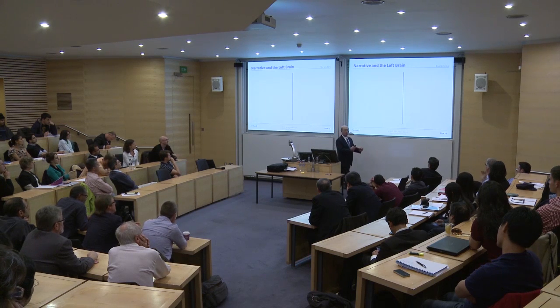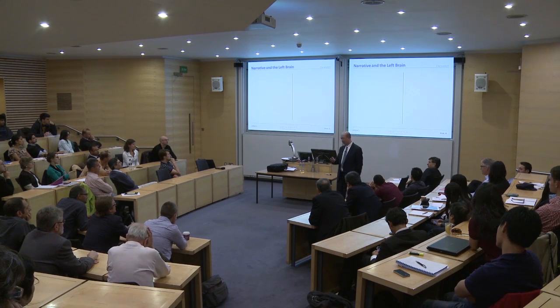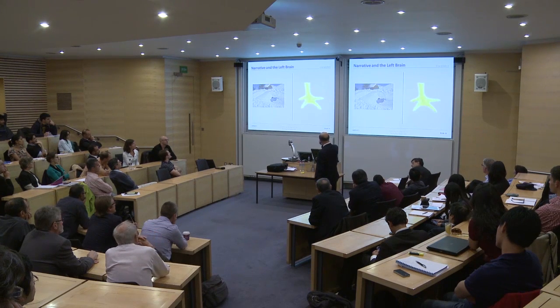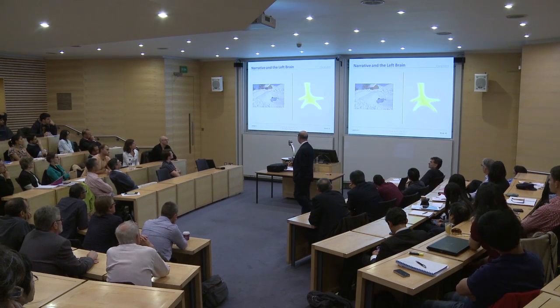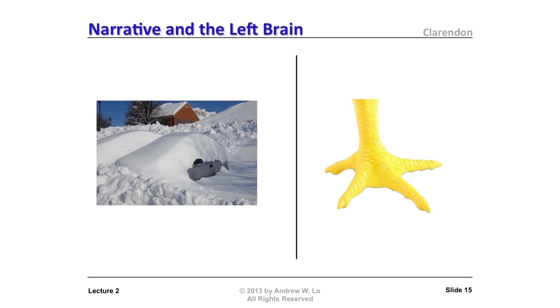Let me show you one experiment that they did, but they didn't capture on video, but they wrote up in a paper. So here's an example of the kind of split field experiments they do. On the right, you have a chicken leg. On the left, you have a car buried in snow. So they'll show the split brain patient these images at the same time.